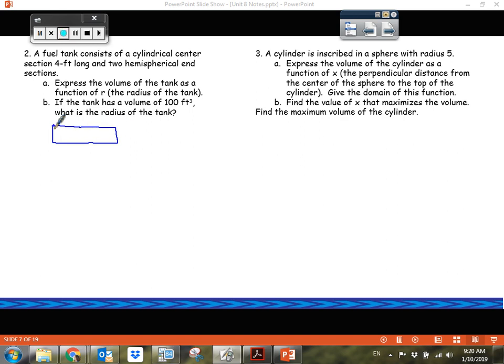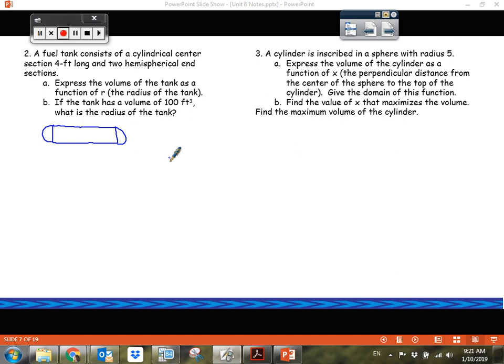I encourage everyone to draw a diagram. We don't want to leave that out. And it has 2 hemispherical end sections. So basically, if I'm drawing the 2-dimensional version, that's just a semicircle on each end. Okay, so envision that. That should be a 3-dimensional figure.